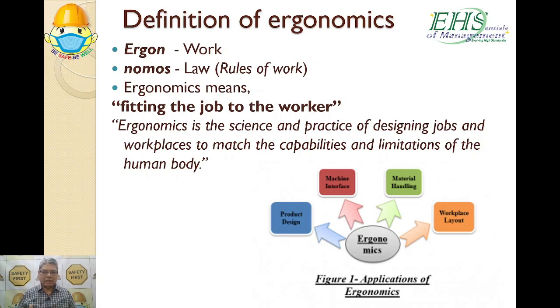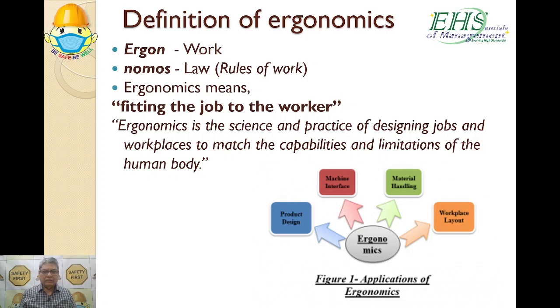It considers product design, the machine and human interface, how a human can work on the machine easily without any stress, how material can be handled manually or mechanically, and what the workplace design and layout should be. Not only a single workplace or workstation, but the entire workplace layout.